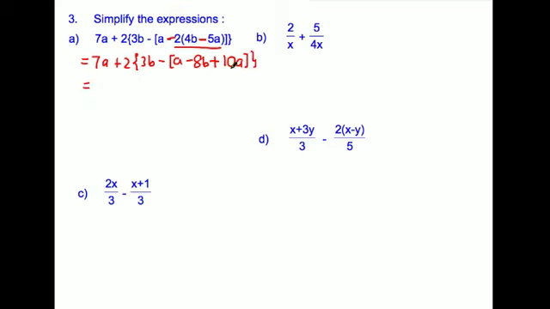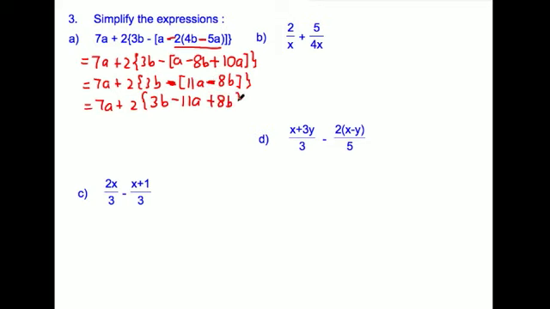Next, we need to simplify what is in the square brackets before opening it up. A plus a to give 11a. Now we can open up the brackets to give us negative 11a. And once again, negative times negative to give positive 8b.